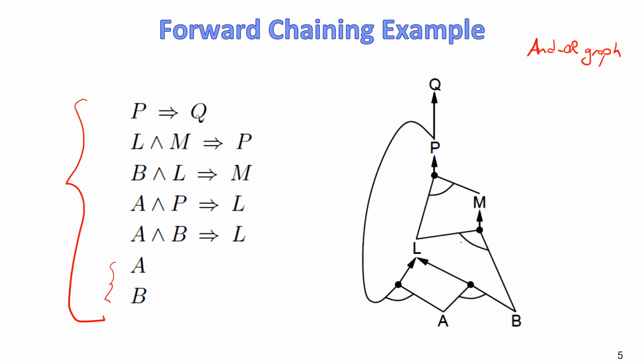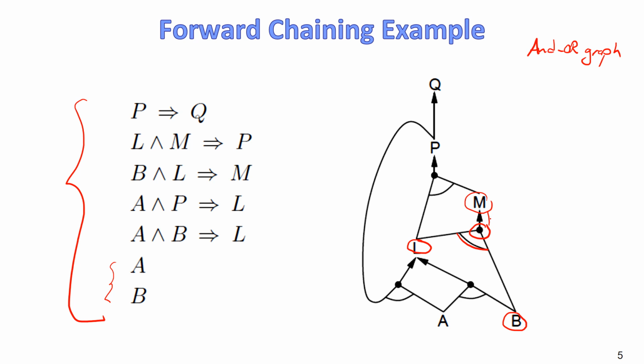In an AND-OR graph, every dot like that is an AND-OR operation. It connects symbols by AND or OR and indicates an implication statement. So for example, here this one indicates that L and B implies M. How did we know that it's AND? By this arc. This arc indicates that these two symbols are connected by conjunction.